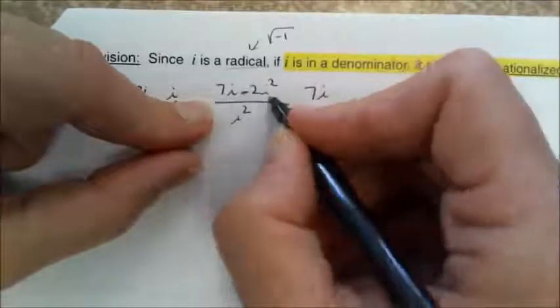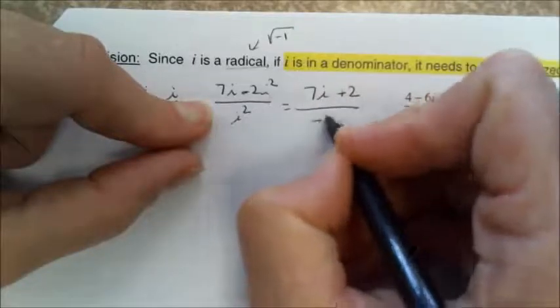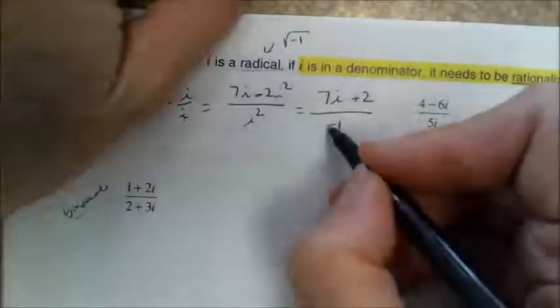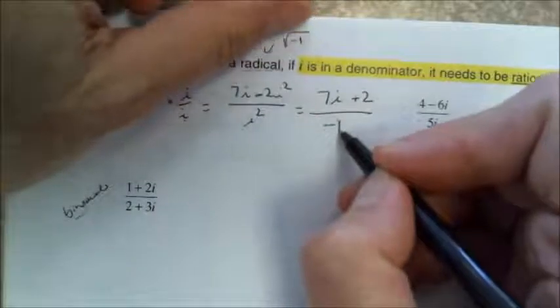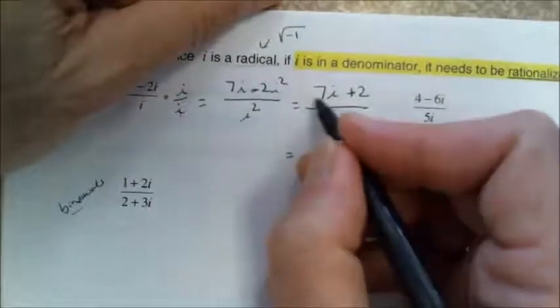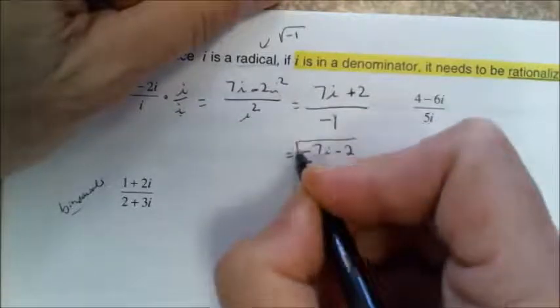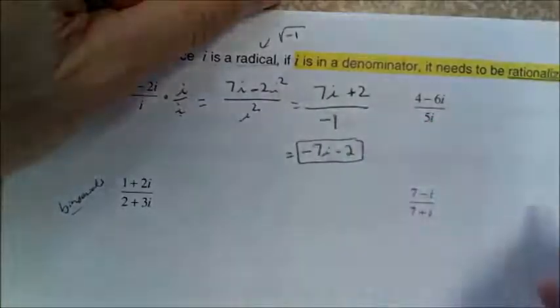Negative 2 times negative 1 is positive 2. i squared is negative 1. So usually when you divide something by negative 1, we're going to turn all those terms into the opposites. So this is negative 7i minus 2. Both of those terms get negated.